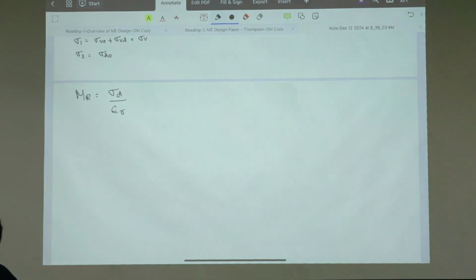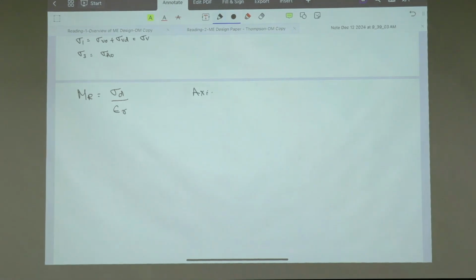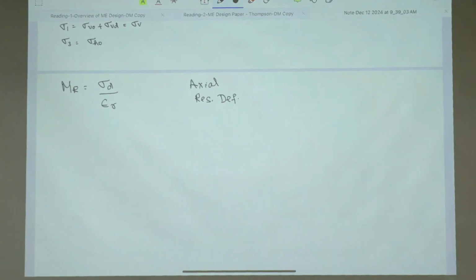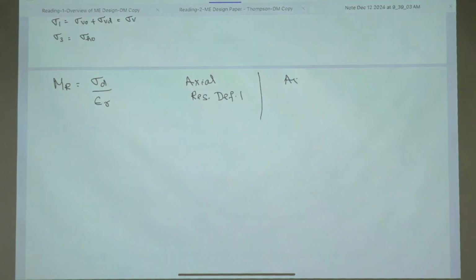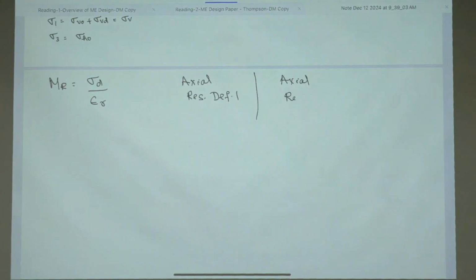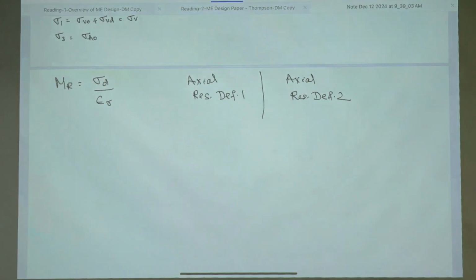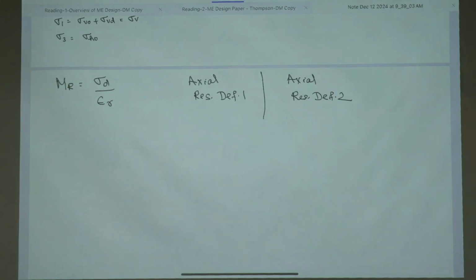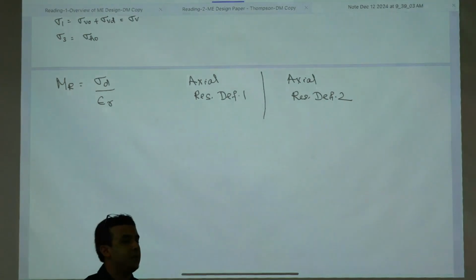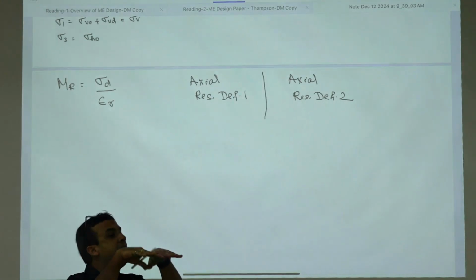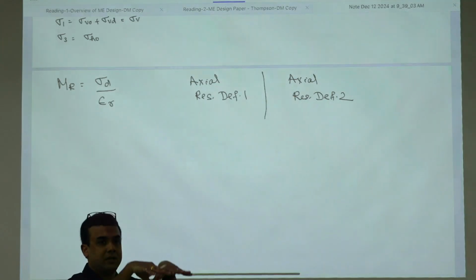In your data file you are given axial resilient deformation 1 and axial resilient deformation 2. You are given those because there are 2 LVDTs. When you compare the data, and this is what you should do when you are running a test as a researcher, you will see they are not identical. That basically means the system is not always moving exactly vertically.